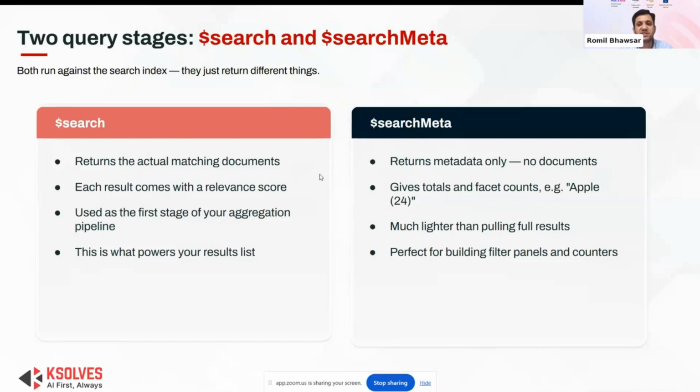The second one is search meta. Search meta is used to get just the metadata, not any documents. Let's suppose we need to get the result count with the matches; we will use search meta.